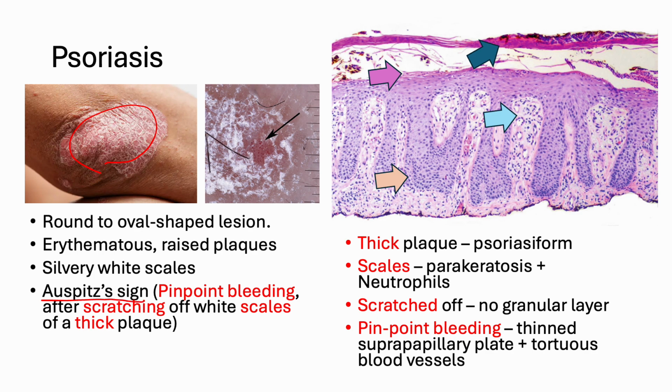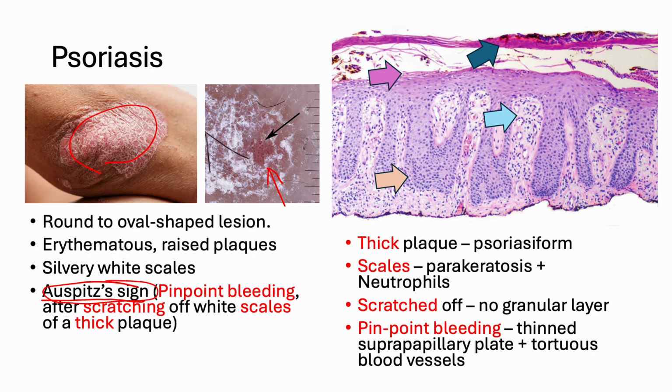Basically, it means when someone scratches off the white scales from a thick plaque, they can see the pinpoint bleeding. This picture is taken by dermoscopy, which I consider a microscope of the dermatologist, and you can see those pinpoint bleedings very clearly.